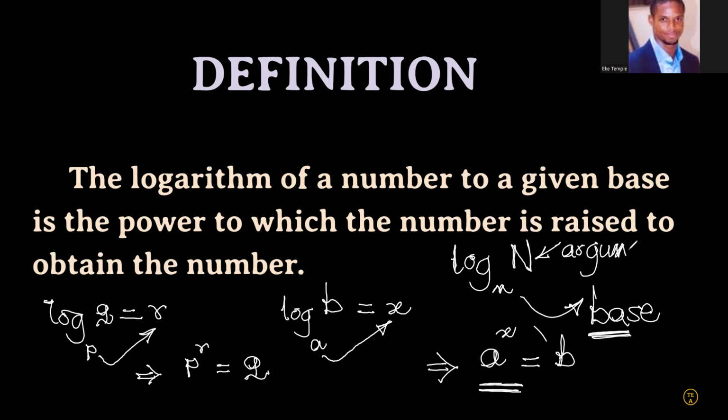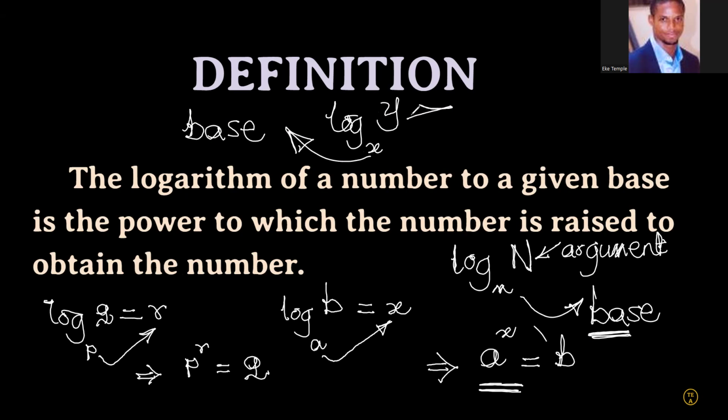So the number by the side of the logarithm is known as the argument. If we write logarithm to base x of the number y, it means x stands for the base of the logarithm, while y stands for the argument of the logarithm. So hereafter, we shall describe them in this term: the base of the logarithm and the argument of the logarithm. Okay, let's move on.